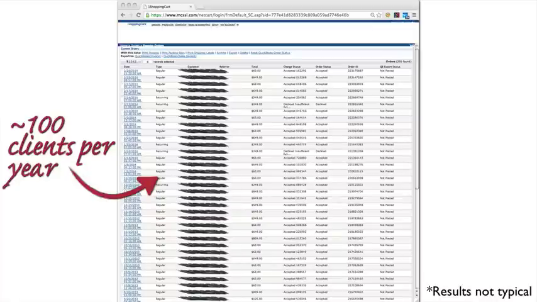I didn't capture that list. But bottom line is, and this is an estimate, we get about 100 clients a year through these types of online client attraction strategies.